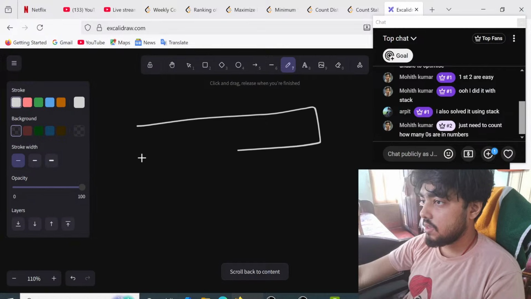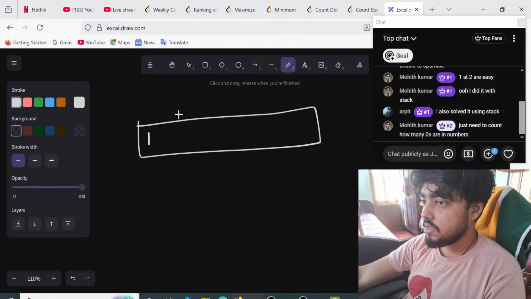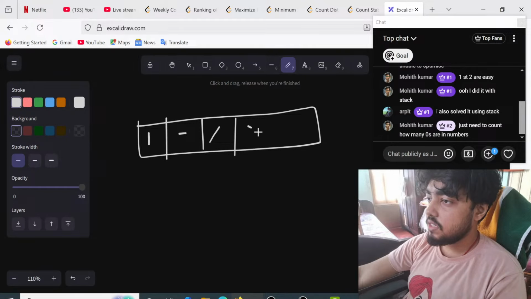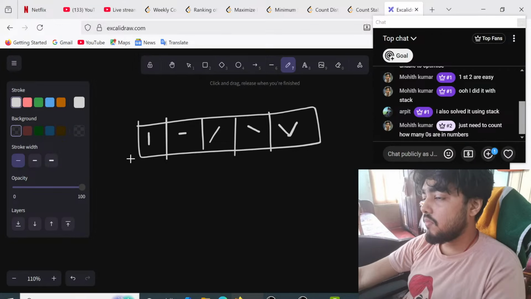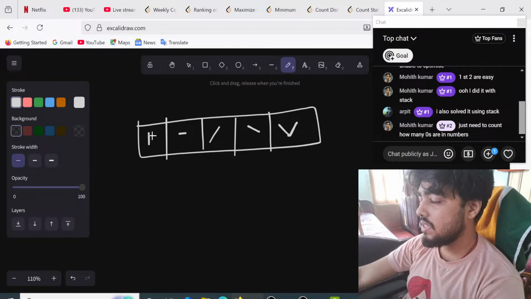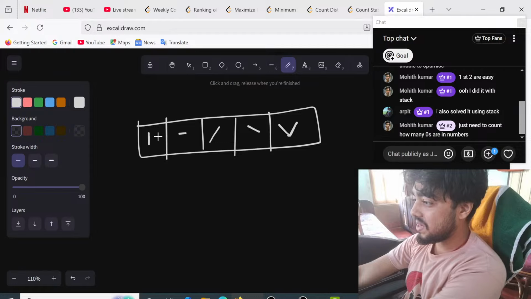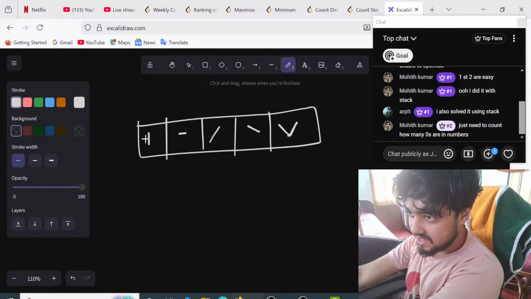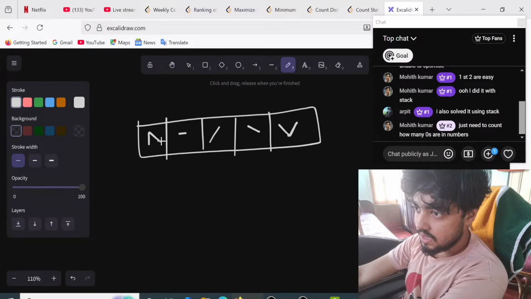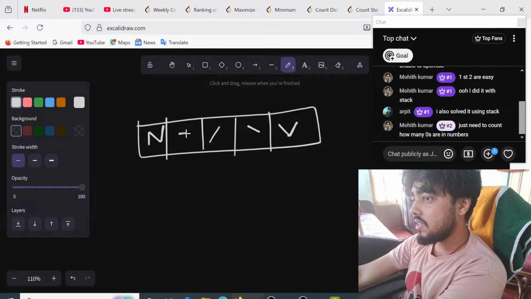The first digit is this, the second digit is this, third digit is this, fourth digit is this, fifth digit is this, somewhat like that. These are just symbols to denote the numbers. This is not one actually. Let me write it as something else.